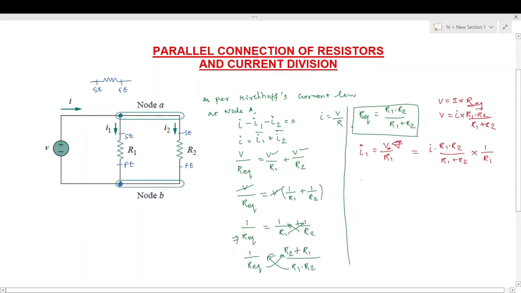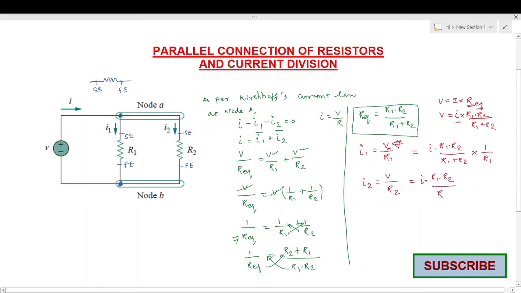And in the same manner the I2 value can be found out. I2 will be V divided by R2, which is equal to I into V value. V value is what? This is I into R1 into R2 divided by R1 plus R2 into 1 by R2.